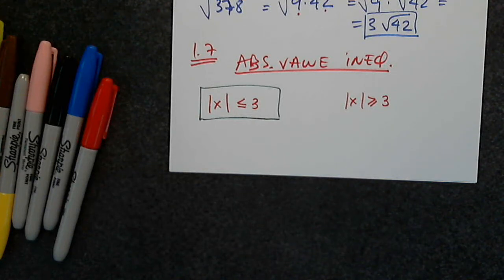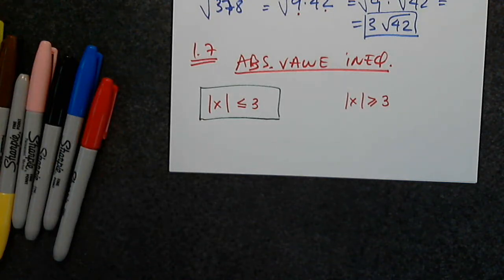One more time. Find all numbers x whose distance from 0, the distance between x and 0, is a number that is 3 units or less. That's what it tells me.